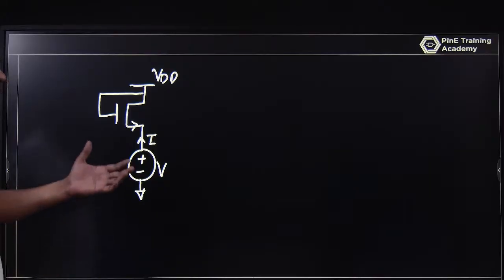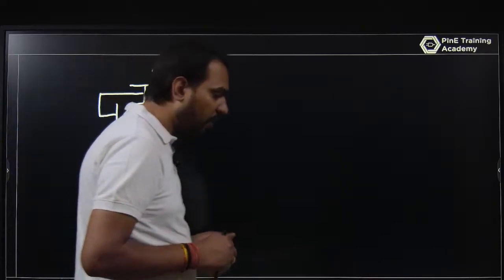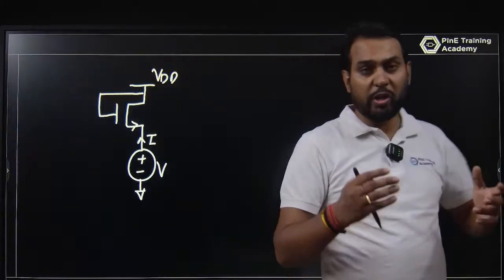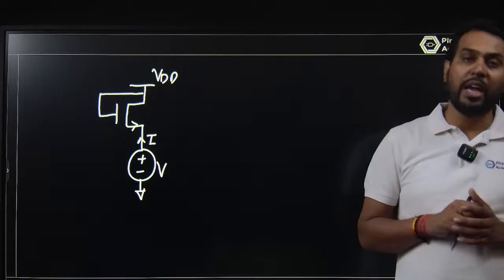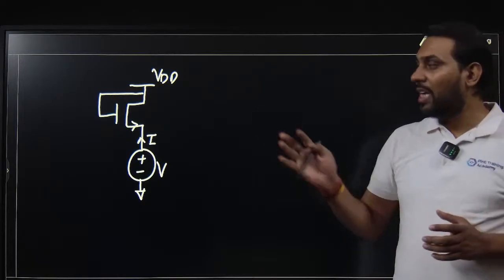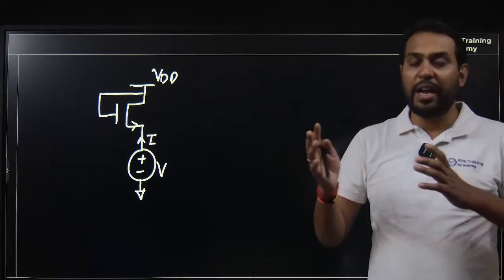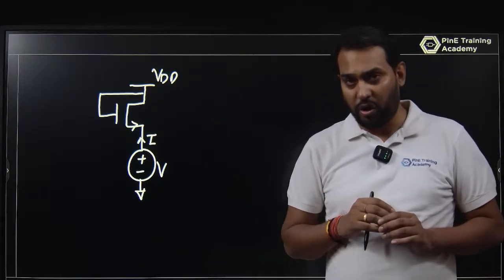Because we always first set the operating point, then talk about the small signal model, and then we can find the gain. As we know, with a resistance, the gain is minus gm times RD parallel R0.